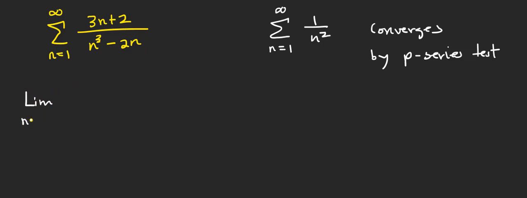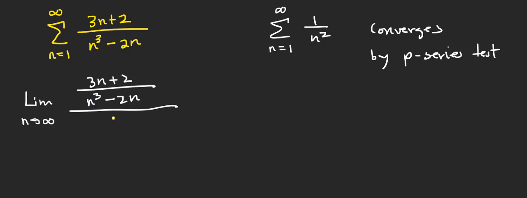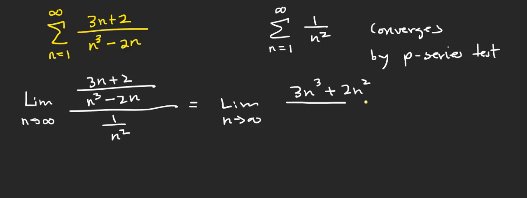The limit as n goes to infinity of 3n plus 2 over n cubed minus 2n, all over 1 over n squared. So you get the limit as n goes to infinity of 3n cubed plus 2n squared over n cubed minus 2n.